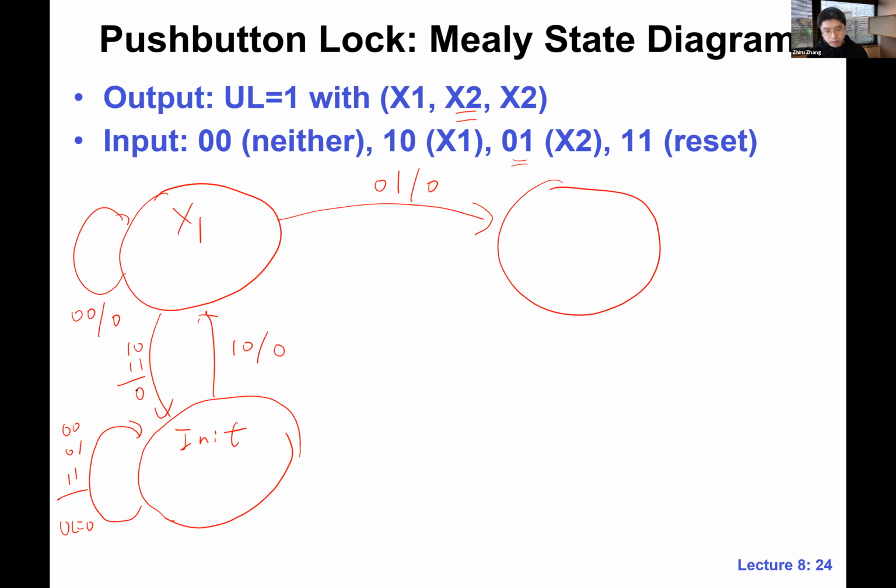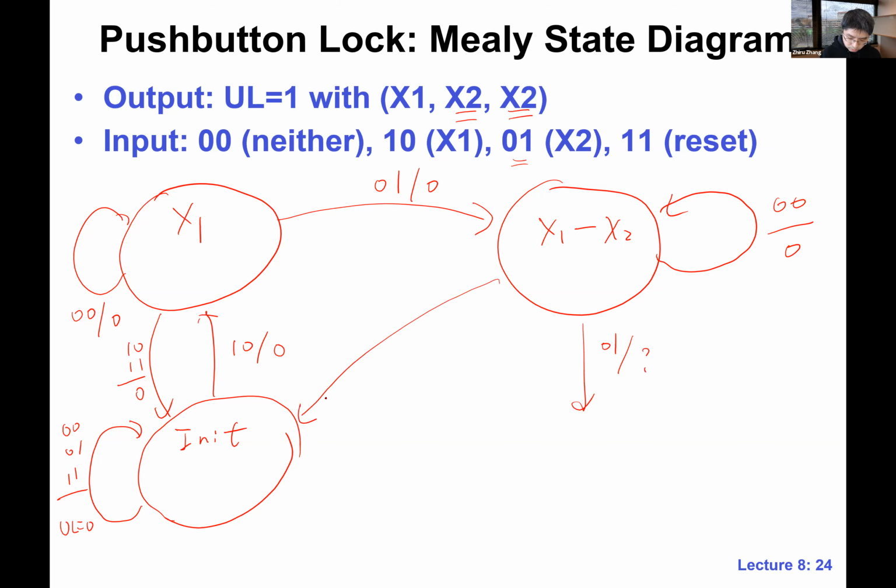In the state x1, x2, again we have a self loop, output 0. We are expecting to see x2, which is 0, 1. Let's handle the other combinations: we already looked at 0, 0 and 0, 1. We see 1, 0 or 1, 1, and we output 0.